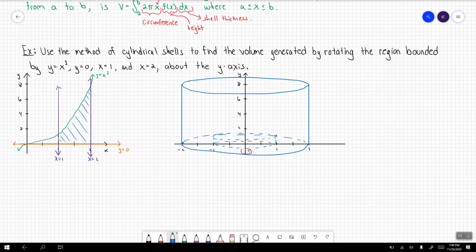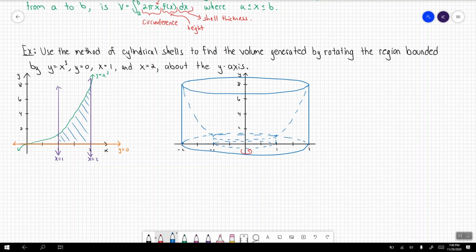And then this function comes straight down, as such. So this is that figure that we're looking at right in here.